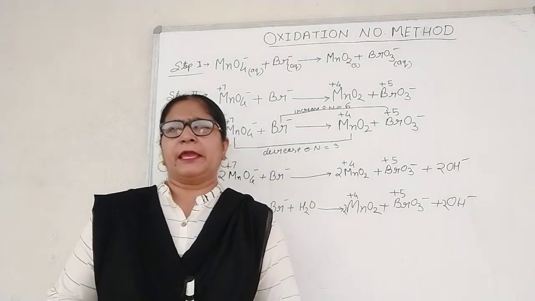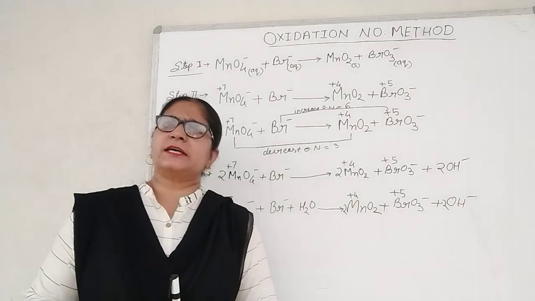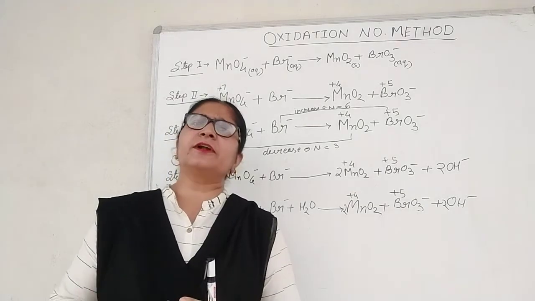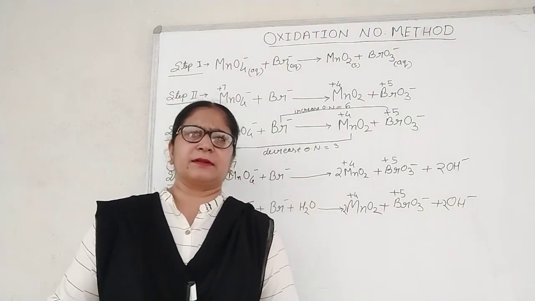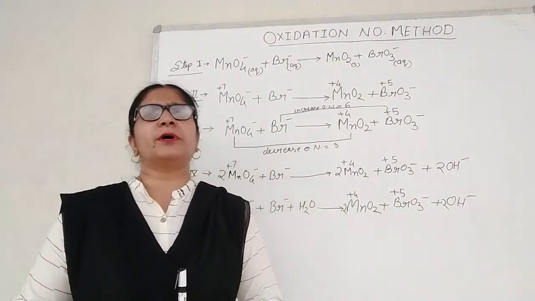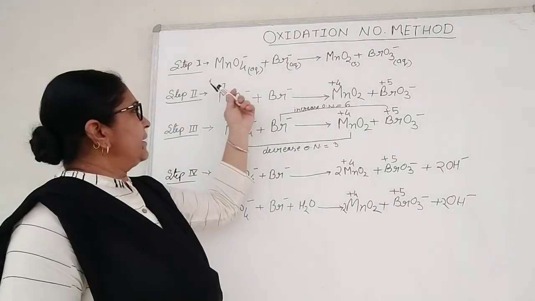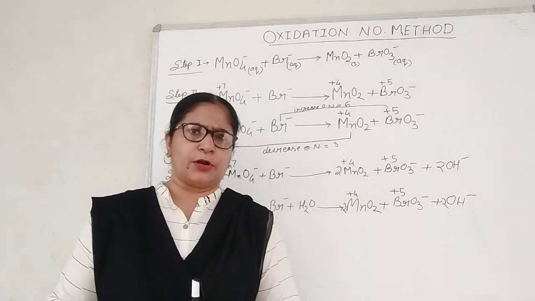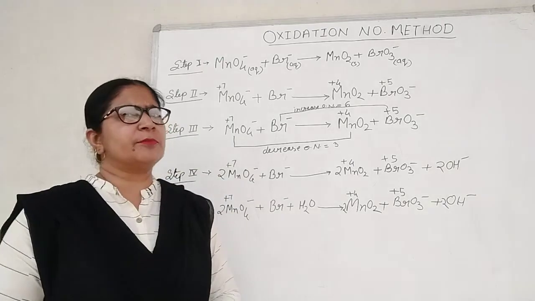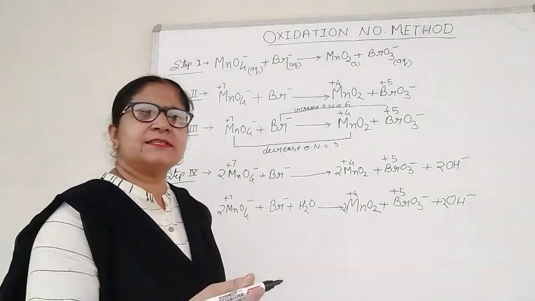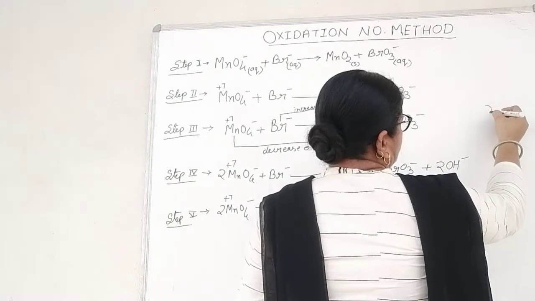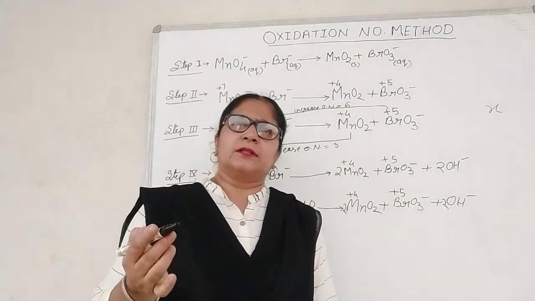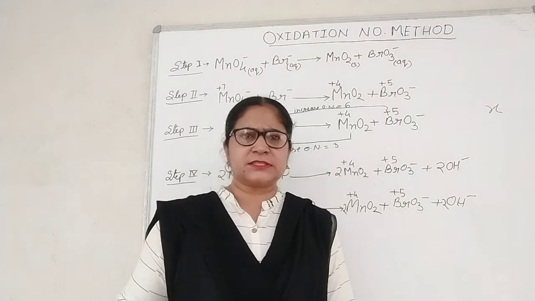We know that in polyatomic ions, the sum of the oxidation numbers of all atoms in the ion is equal to the charge on the ion. Thus, the oxidation number of manganese in permanganate ion may be calculated as follows. Let the oxidation number of manganese be X. We know that the oxidation number of oxygen is -2.